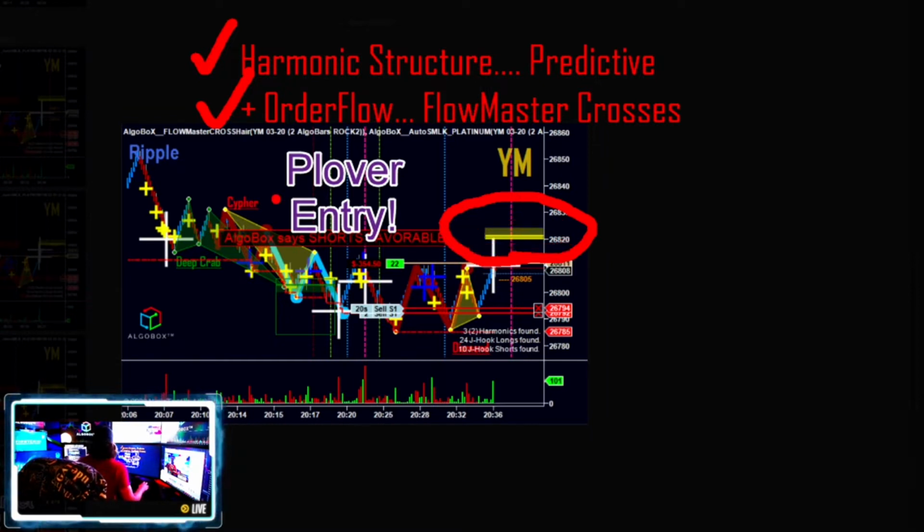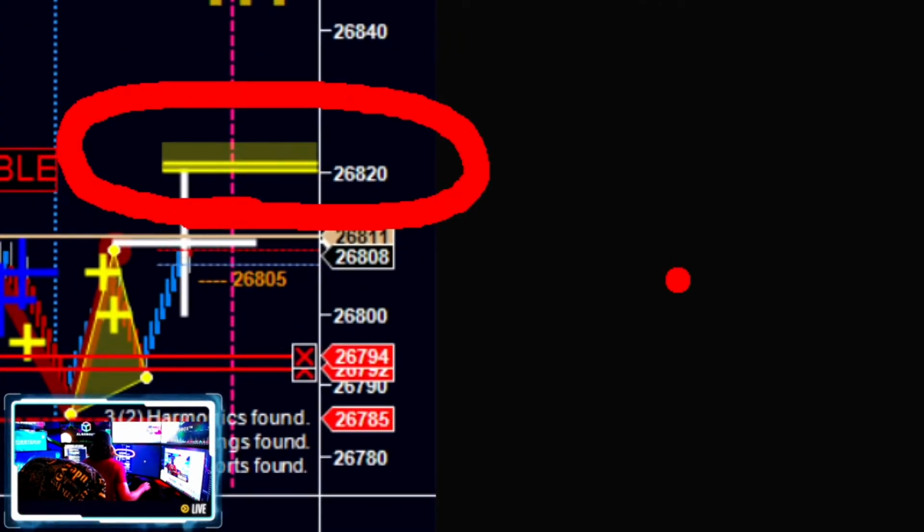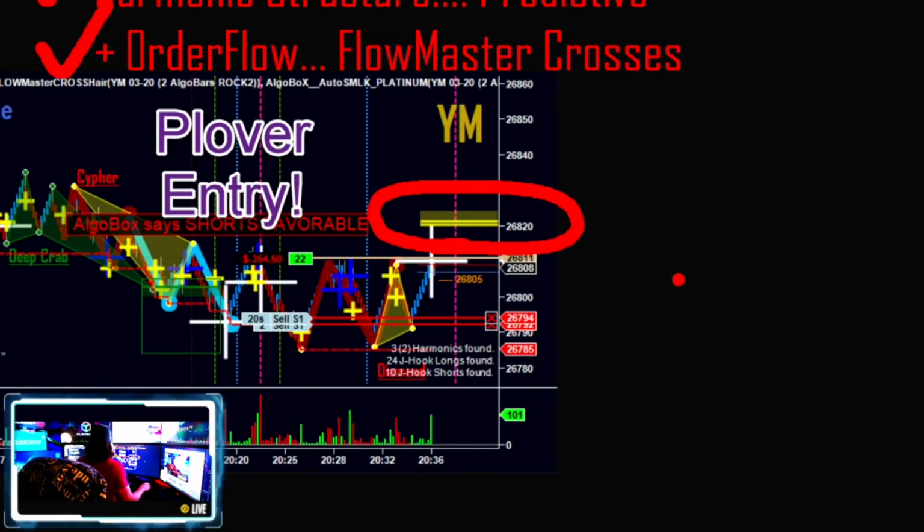I kind of wish I would have held this one till the end to show a more advanced one, but we are actually going to be showing two harmonic structures completing at this same location. I can see that we've got two crossover points there, and this can happen. This is two PRZ locations, which makes this an even more attractive zone for price to go into. We kind of assume this is like a magnet sucking price right into it.